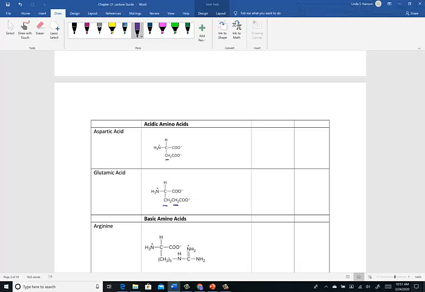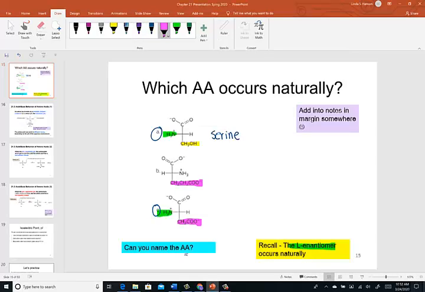The aspartic acid has just one carbon, and then you see the additional carboxylic acid functional group. So when I noticed that those functional groups contained an additional COO negative, I knew that it would be classified as an acidic amino acid, and that just helps narrow my search very quickly. So we labeled this one as glutamic acid, and this one was labeled as aspartic acid.